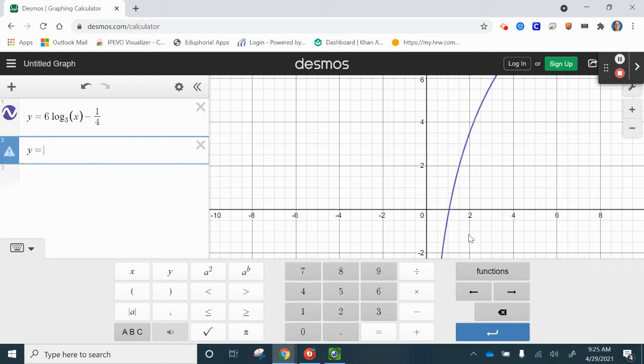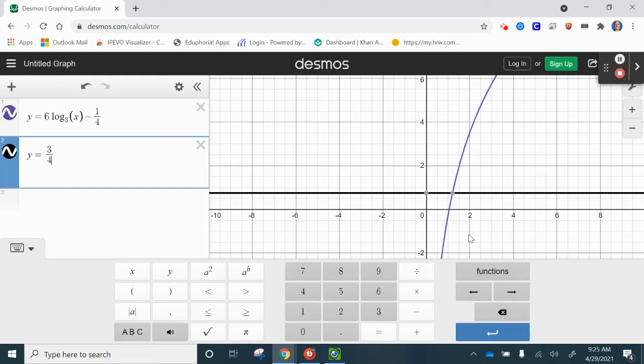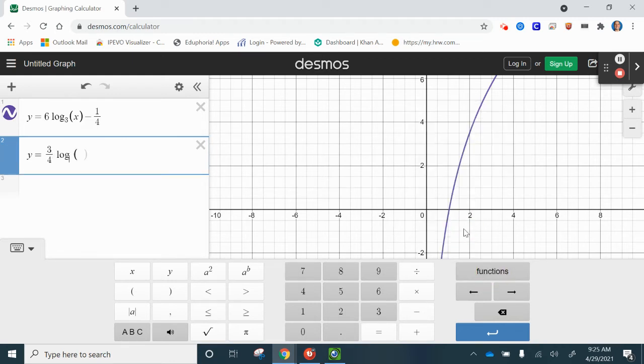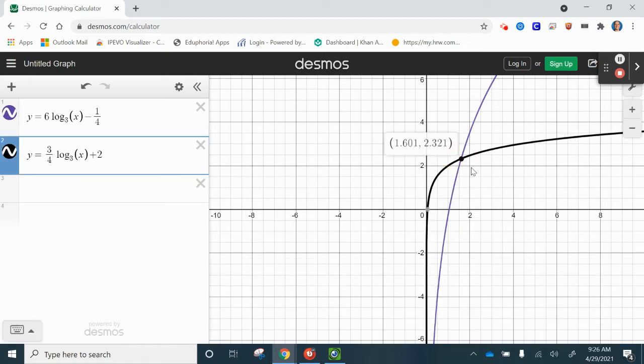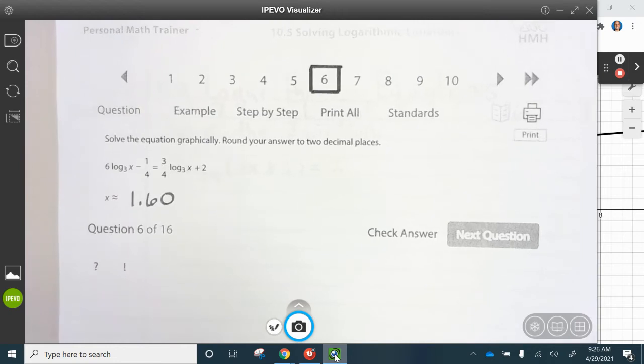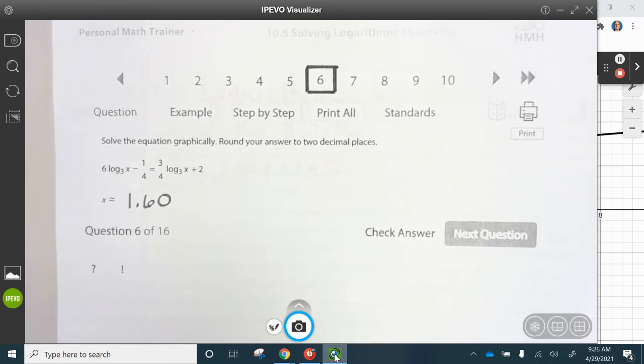Enter, y equals 3 divided by 4 function log base 3 of x plus 2. All right, and there it is. There's a point of intersection. And so that would be, to 2 decimal places, 1.60. All right, go ahead and finish up question 6.